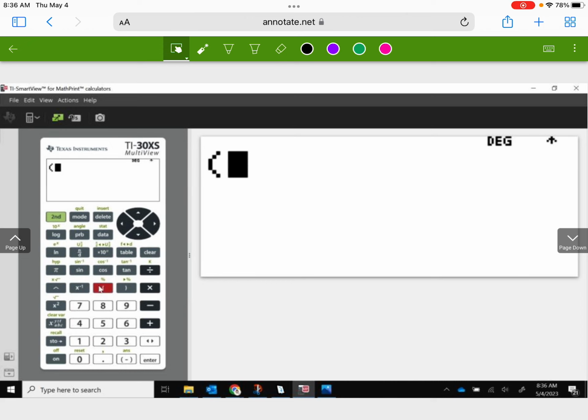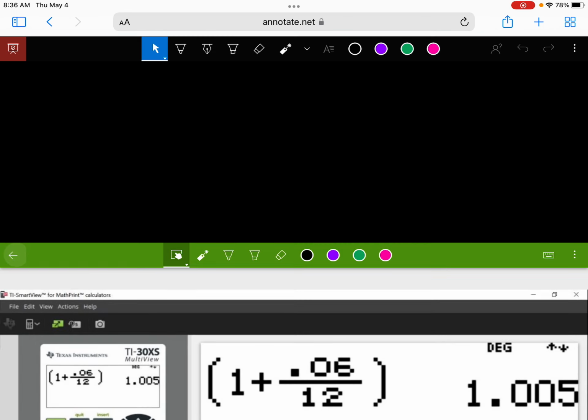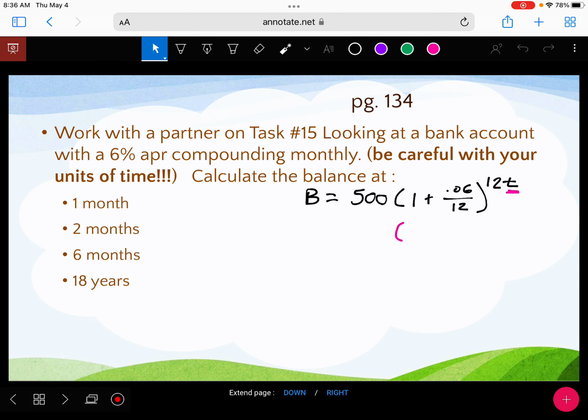So let's do our 1 plus 0.06 over 12. That compound interest. So we've got our 0.005 per month. So we're gonna have 500, 1.005. And then if we did years, it's still 12T.